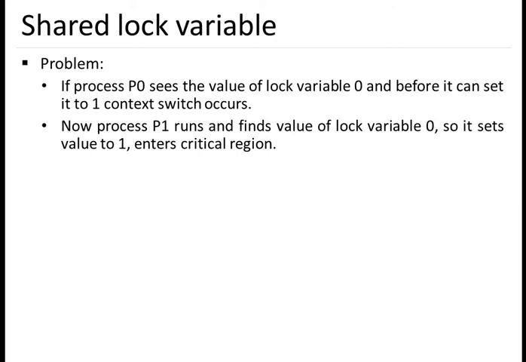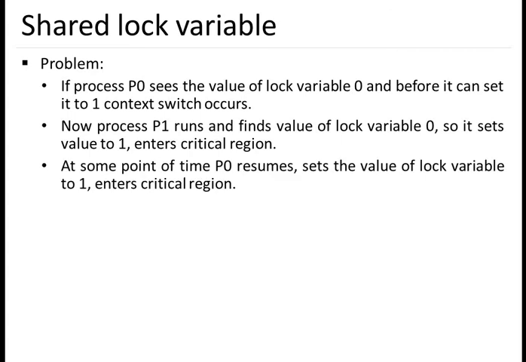After that P1 comes, and again it sees the value of the lock variable as 0. Obviously if the value is 0, that means there is no one in the critical region, no one is competing for it. So okay, let me go into that. This process goes into the critical section and changes its value to 1.